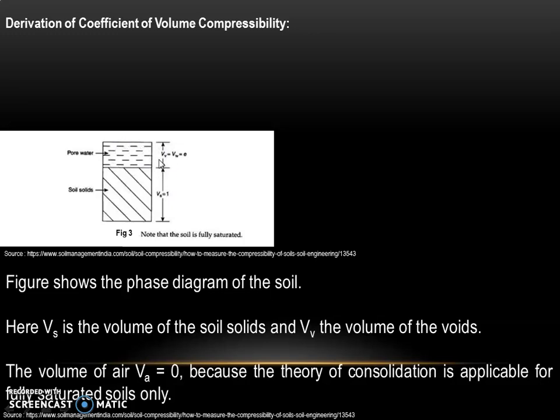So volume of water is equal to volume of voids, which is equal to voids ratio e. Since the soil is fully saturated, volume of air is equal to 0. Hence, Va equal to 0, as theory of consolidation is applicable only for fully saturated soil.